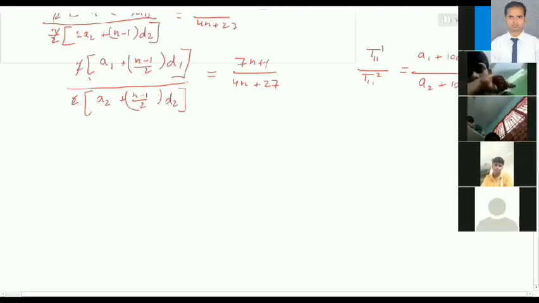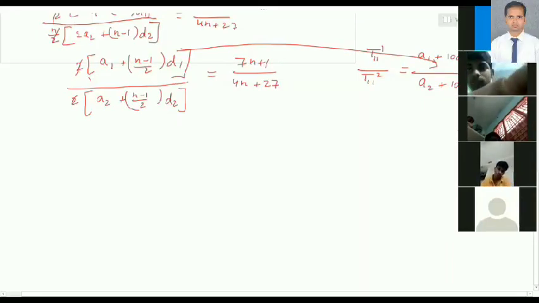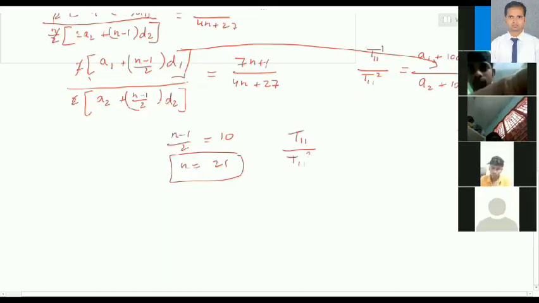If you want to compare this with this one, this n minus 1 by 2 should be equal to 10. Then only we will get the ratio of the 11th term. What will be the n value? 20 plus 1, 21. N value we are getting as 21. Then we need to find the ratio of T11 divided by T11 of 2.